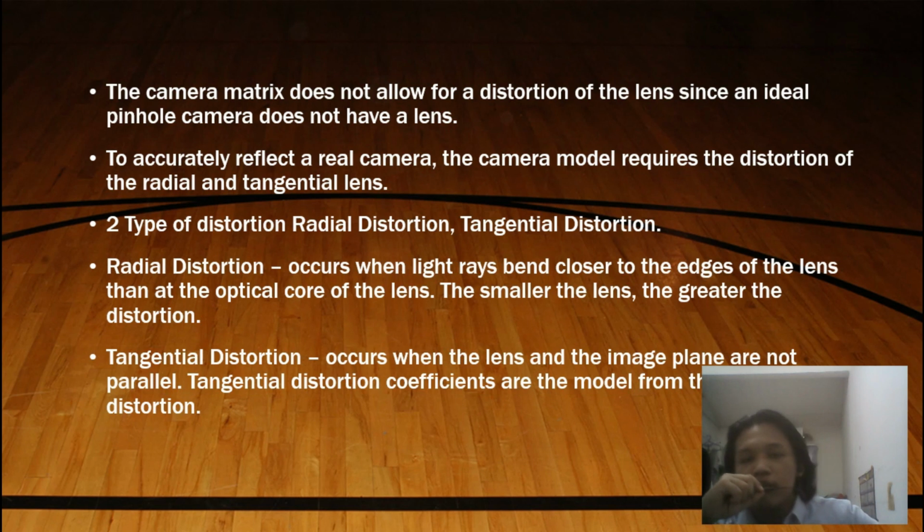First is radial distortion, which occurs when light rays bend more near the edge of the lens than at the optical center of the lens. The smaller the lens, the greater the distortion. Tangential distortion occurs when the lens and the image plane are not parallel. Tangential distortion coefficients model this type of distortion.